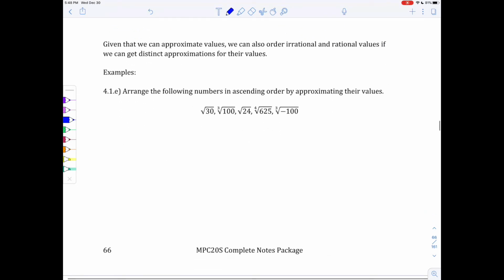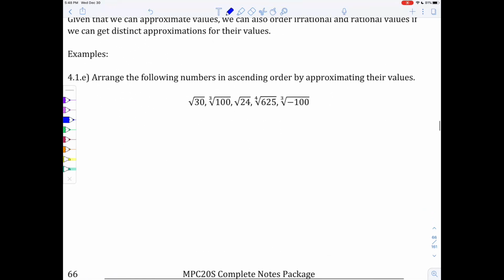So what we're going to do here is look at an example where we have 5 different radicals. And the question's asking us to arrange these in ascending order, so from least to greatest, by approximating their values. So step 1 here is to approximate the values of each of these radicals. Step 2 would then be put those approximations in order from least to greatest.